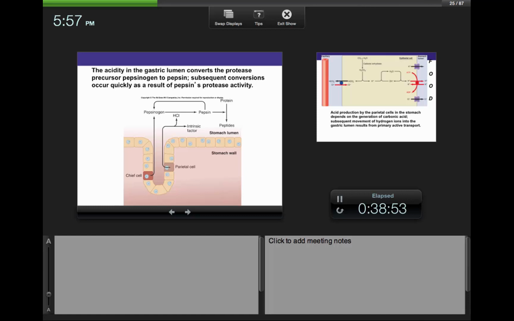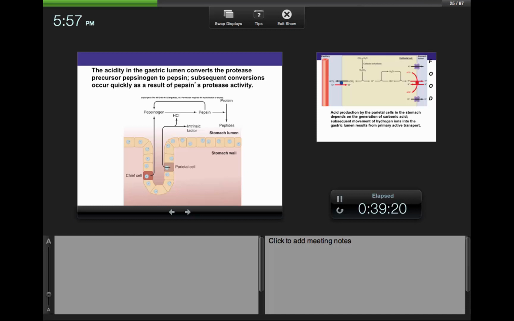Should I write this on the board? Intrinsic factor is a molecule that helps with the absorption of vitamin B12. And B12 is crucial in the synthesis of red blood cells.